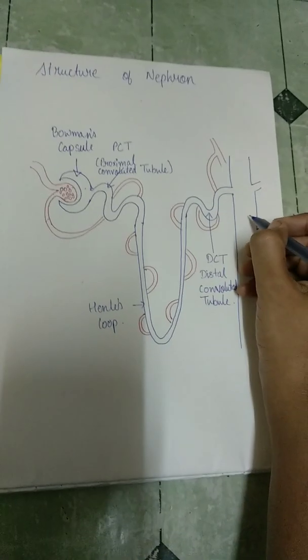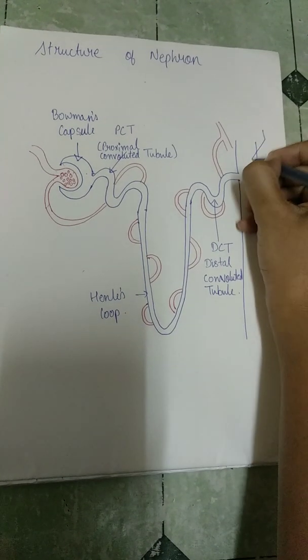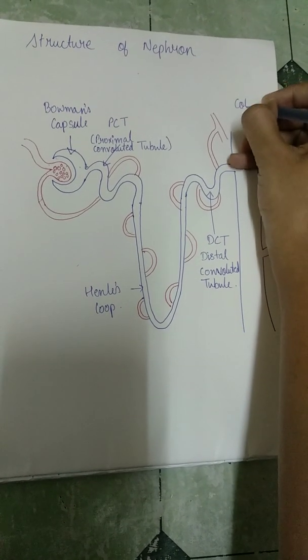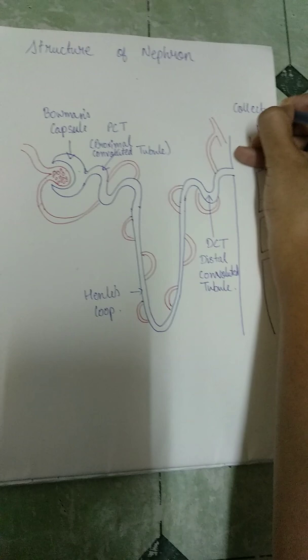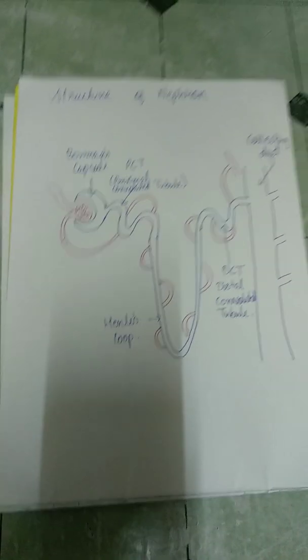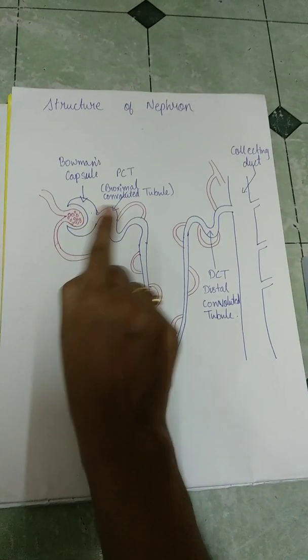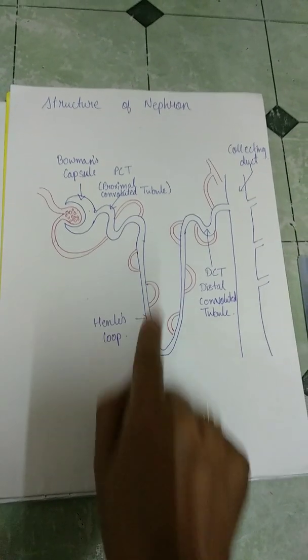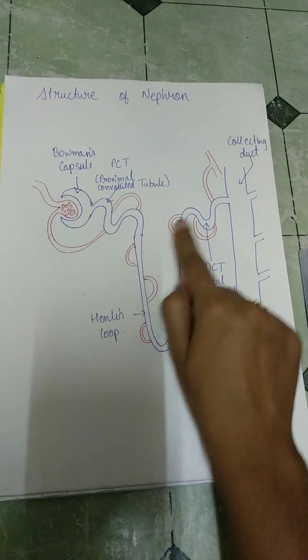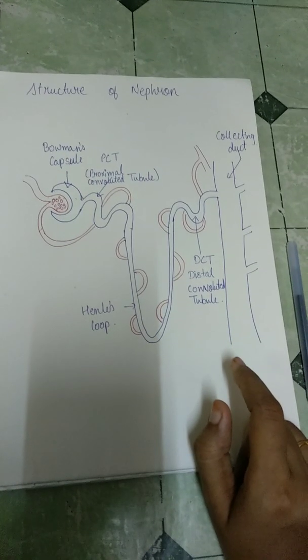Next, this trunk, this tree trunk that we have drawn, label it as collecting duct. So the parts of the nephron are ready: Bowman's capsule, PCT, proximal convoluted tubule, Henle's loop, distal convoluted tubule, and finally it opens into the collecting duct.